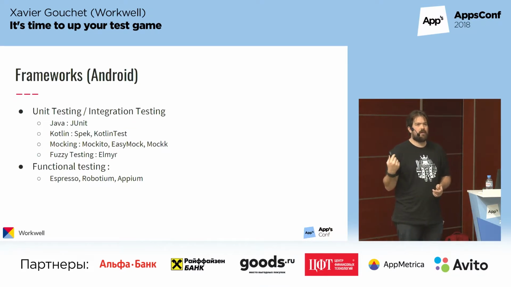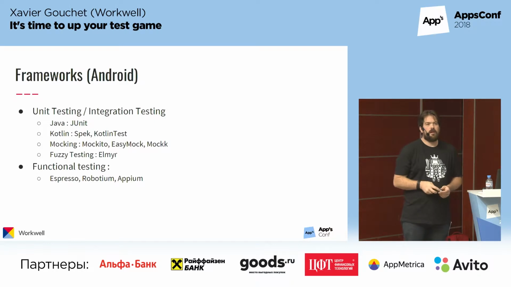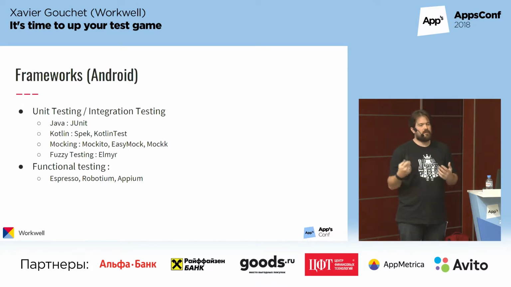And of course, you have my Almir library for fuzzy testing. And for functional testing, which is basically testing that you launch your app in a UI and simulate user interactions and make sure that you go to the right screen and the correct things happen, you have Espresso, Robotium and Appium.